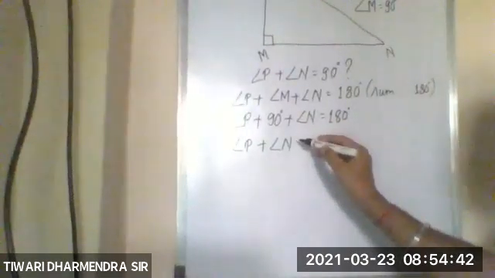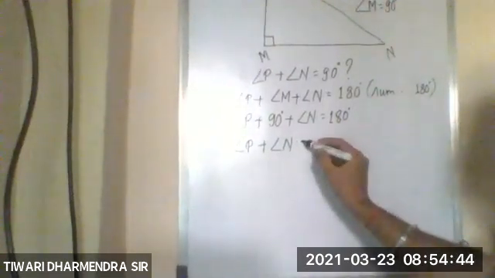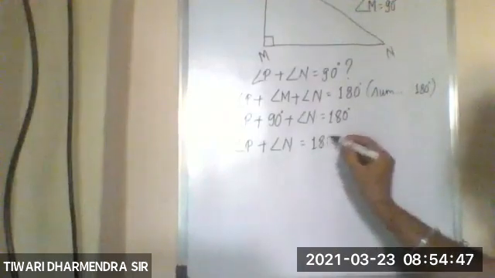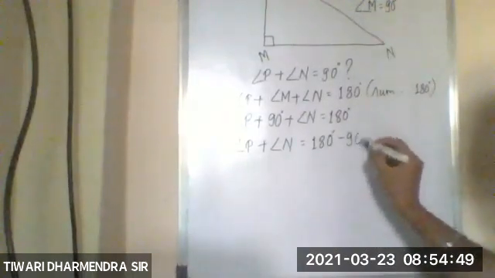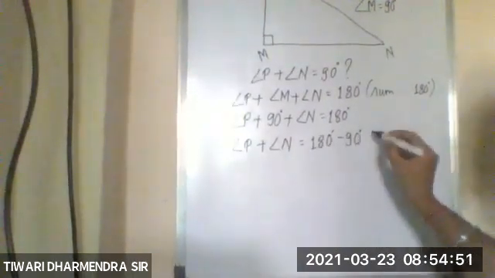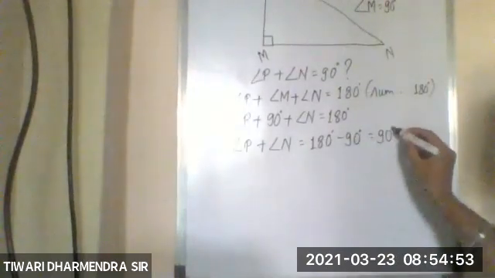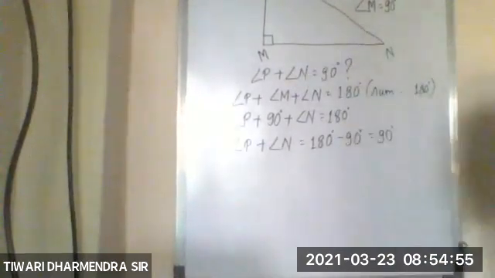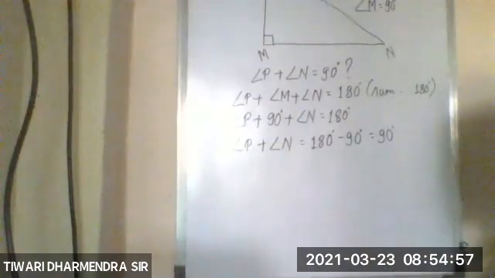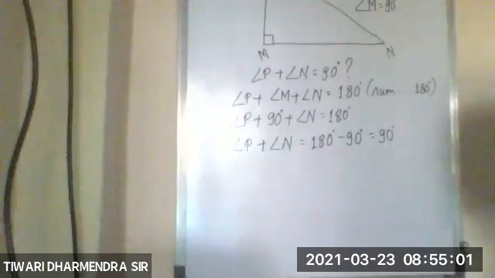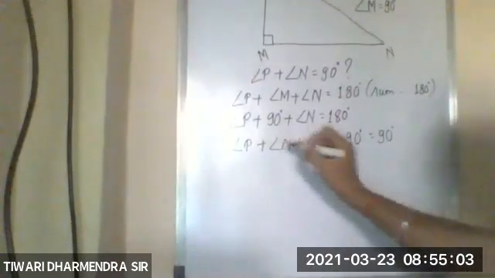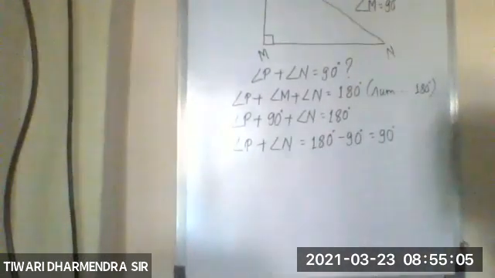It will take the form of a negative sign, so minus 90-degree. 180 minus 90 is 90. So I have written 90 here. Angle P plus angle N is 90-degree. Okay. So now since the sum of two angles is 90-degree, it is a complementary angle.